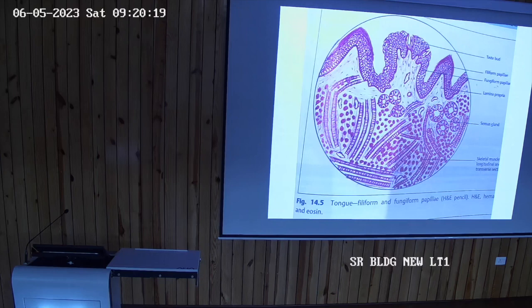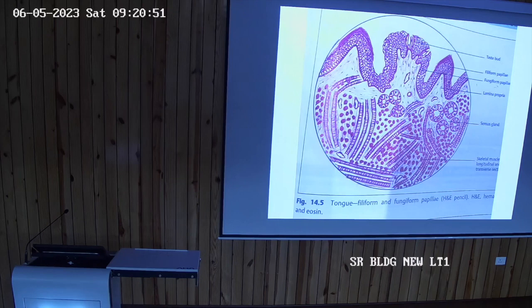All right. As we go down, look at this part. There are two types of pictures in the diagram. One is the longitudinal section, another is the transverse section. These are the muscle fibers, skeletal muscle fibers. They may be seen longitudinally cut, transversely cut, or oblique cut.